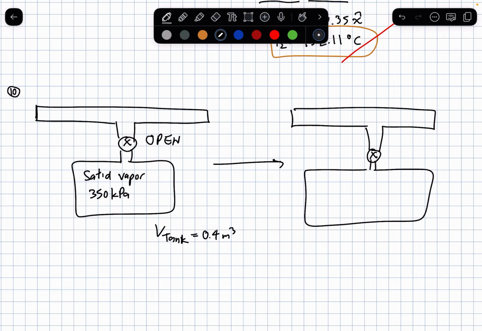The valve is then opened. Stream from the line at 1.4 megapascal and 300 degrees Celsius flow into the tank until the pressure is 1.4 MPa. So calculate the mass of steam that flows into the tank.